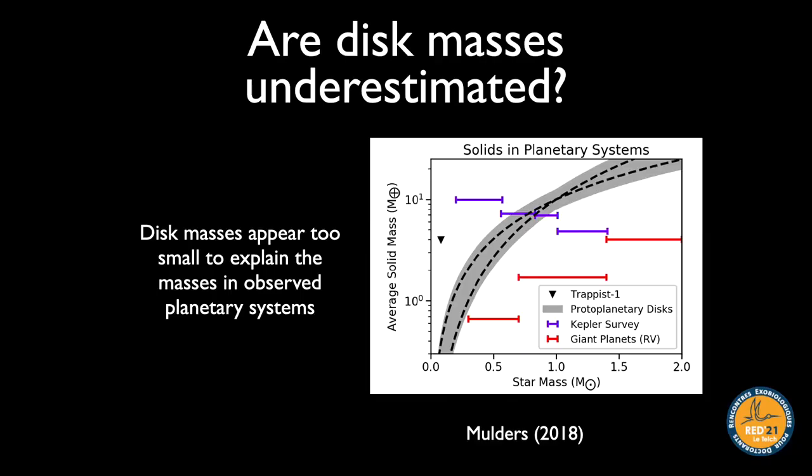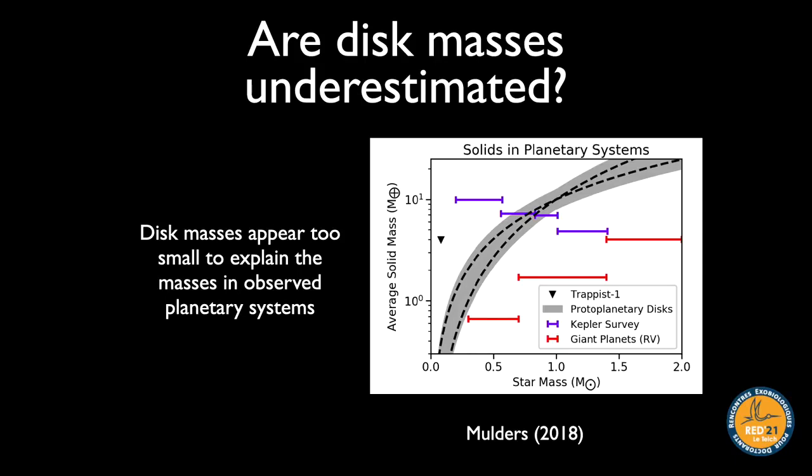And it's possible that the disk masses that were in those 2 previous plots may not really be representative of the amount of mass that's available for building planets. And why would I say something like that?